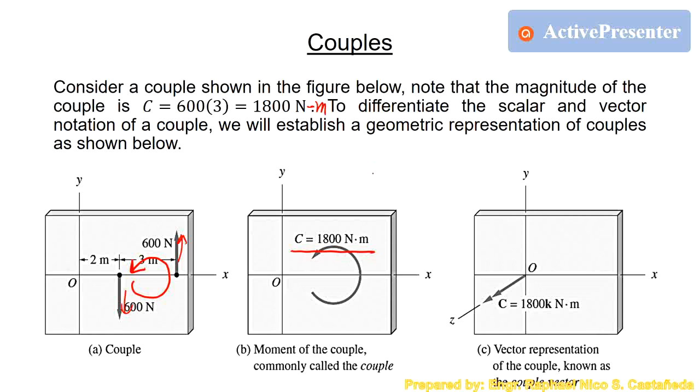Using the right-hand rule, if we place our four fingers here, the thumb will point in this direction, perpendicular to the xy plane, which is the z-axis. If we use the vector notation, we will use this double-headed arrow. So that is 1,800 k newton-meters.